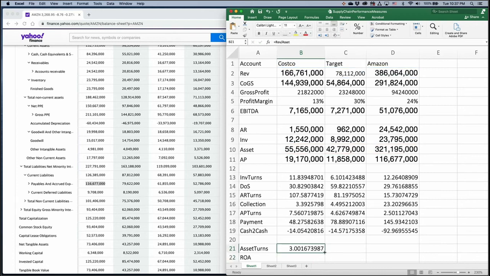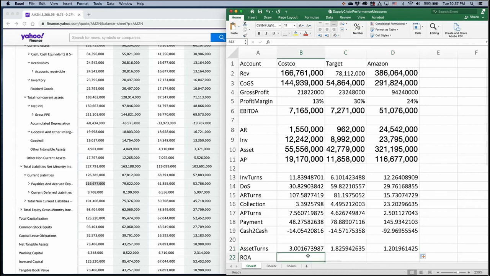To generate the revenue, Costco uses assets very, very effectively. But Amazon has lots of warehouses, central warehouses. So even if inventory turns are very good and similar, in total asset Costco has a very effective asset turnover rate.